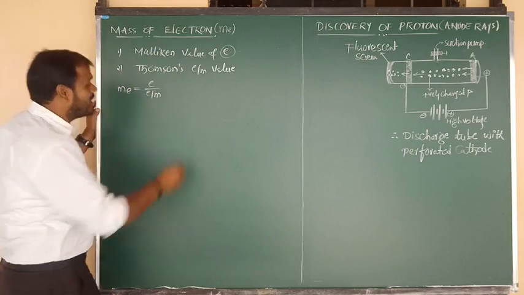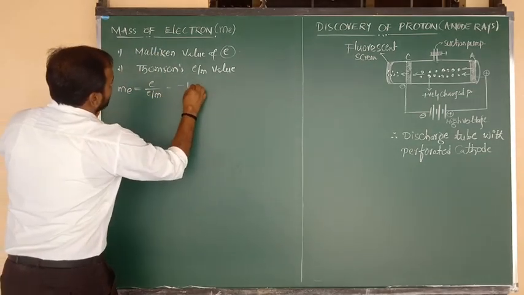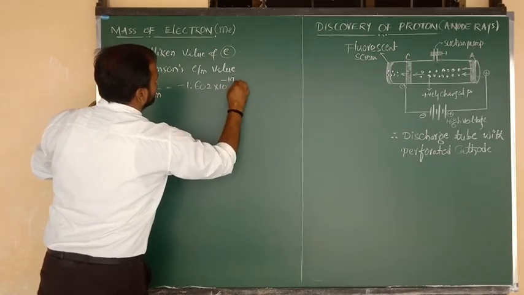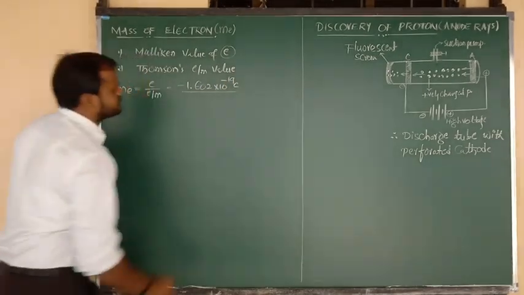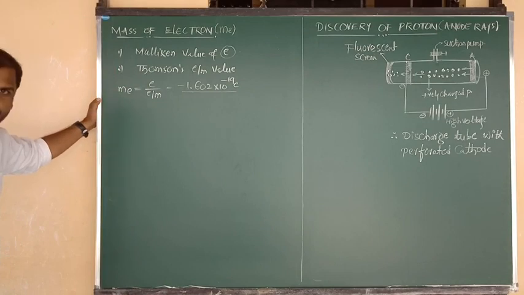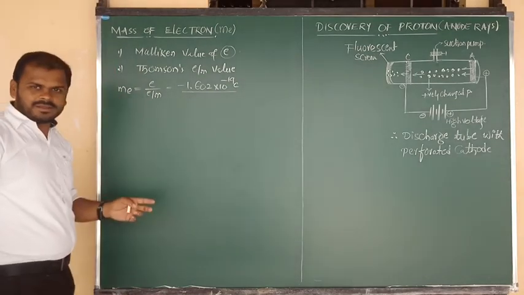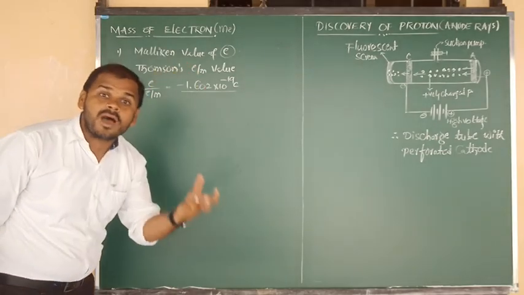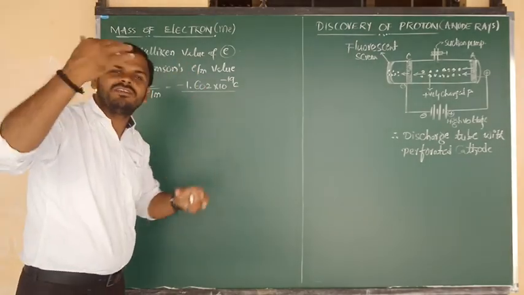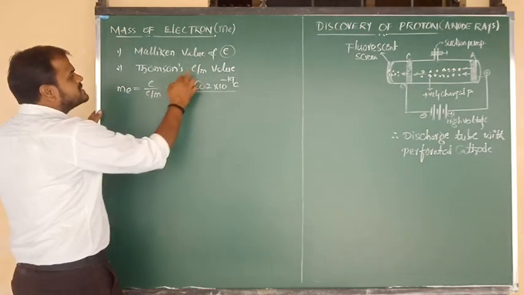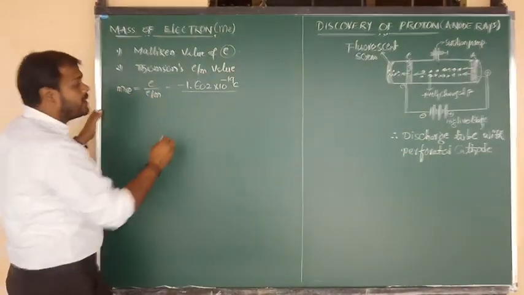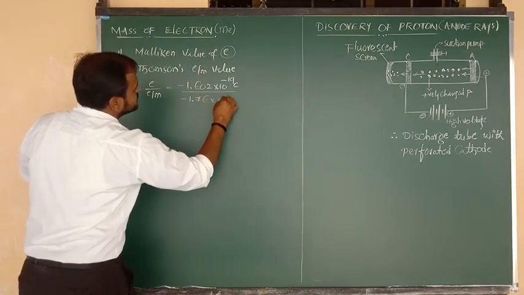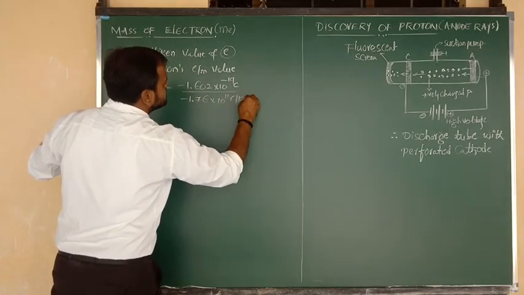You know the value very well: minus 1.602 into 10 to the power of minus 19 coulombs, divided by e by m, the charge to mass ratio of the electron which was given by Thomson. Already I have given the data in the previous class. So what is the charge to mass ratio of the electron? Minus 1.76 into 10 to the power of 11 coulombs per kg.